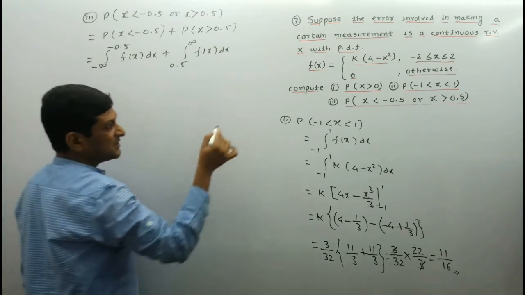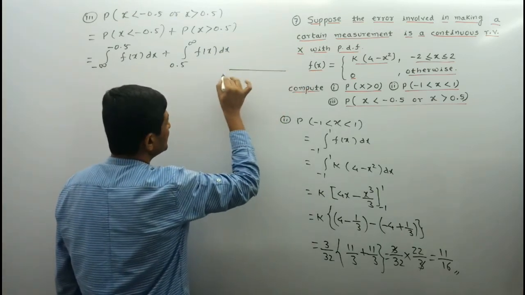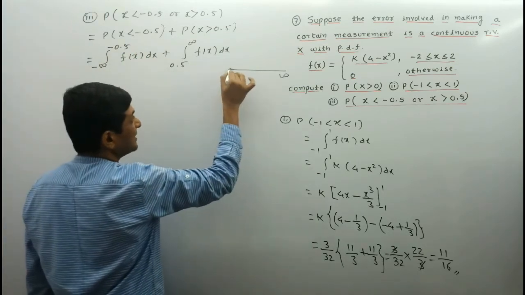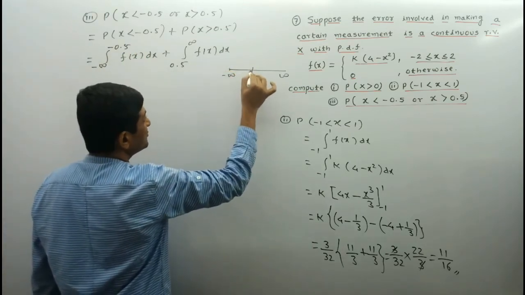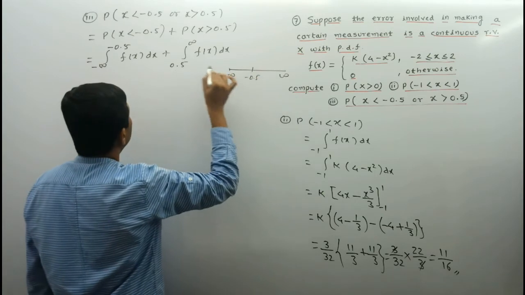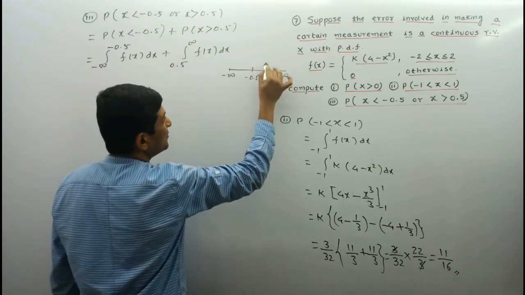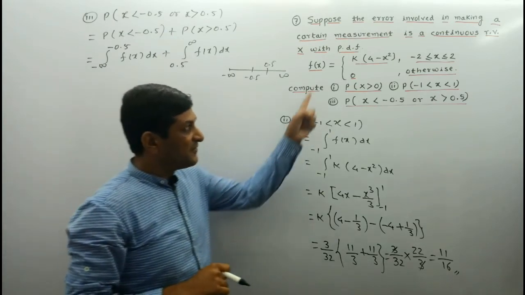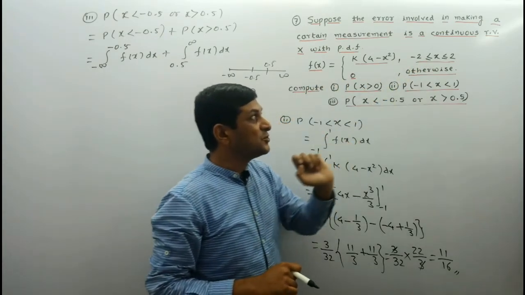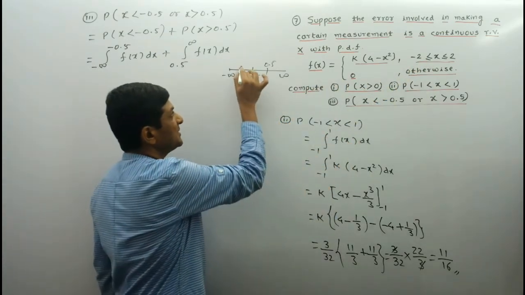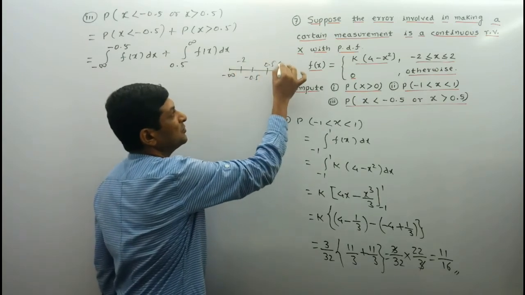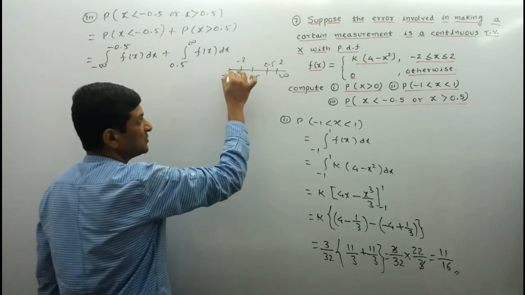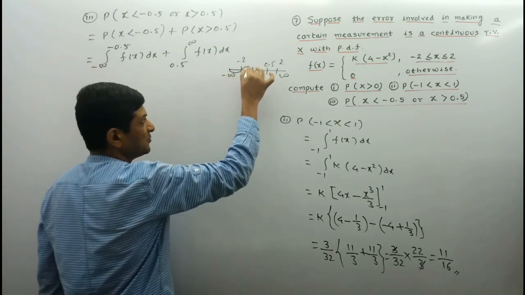Now if you observe the given conditions here, minus infinity to plus infinity, in the first part from where to where is it? Minus infinity to -0.5, and the second part is 0.5 to infinity. But our value of f of x is in between -2 to +2, means we have to split this interval into two parts.